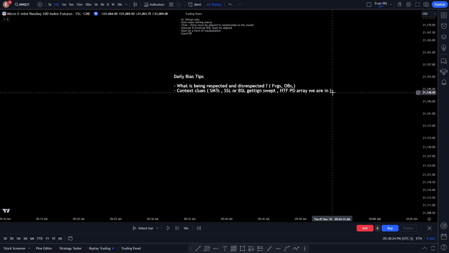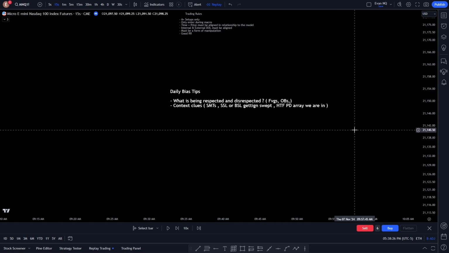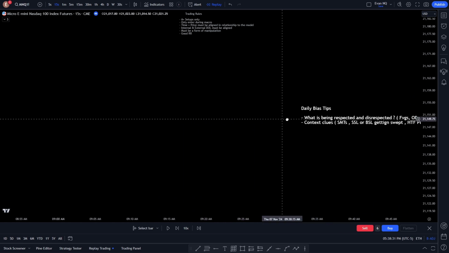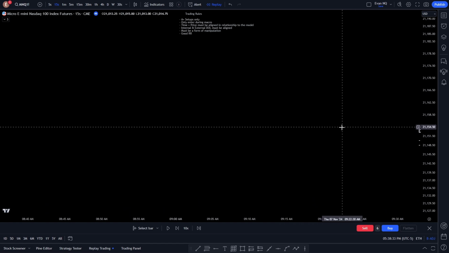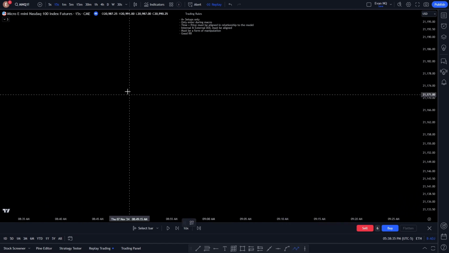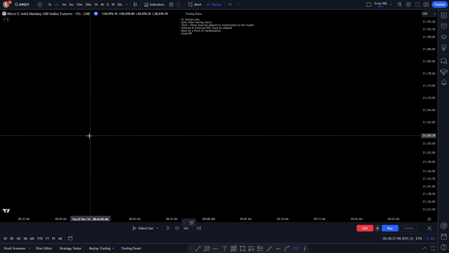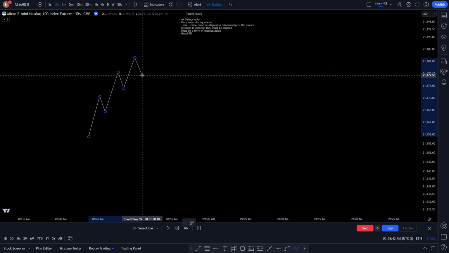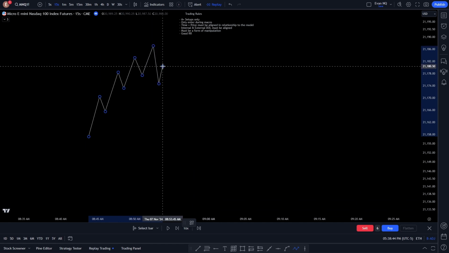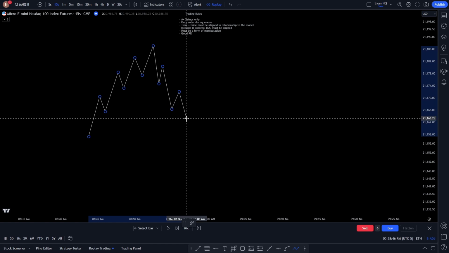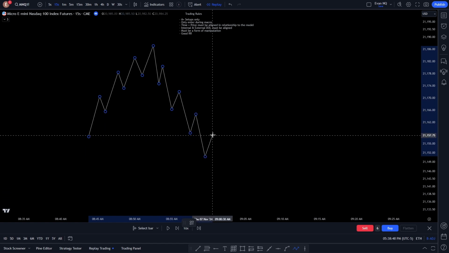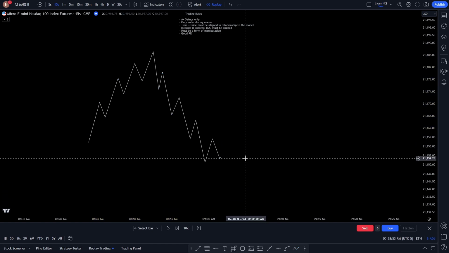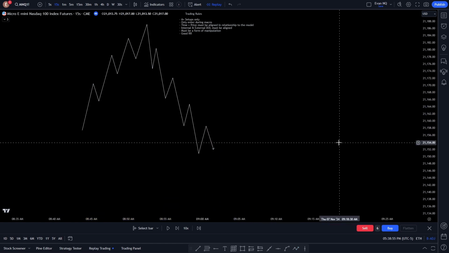I'll show an example for you guys right now. Let's say you have a friend, and we have an uptrend, and then we have a downtrend. Your friend is new to trading.